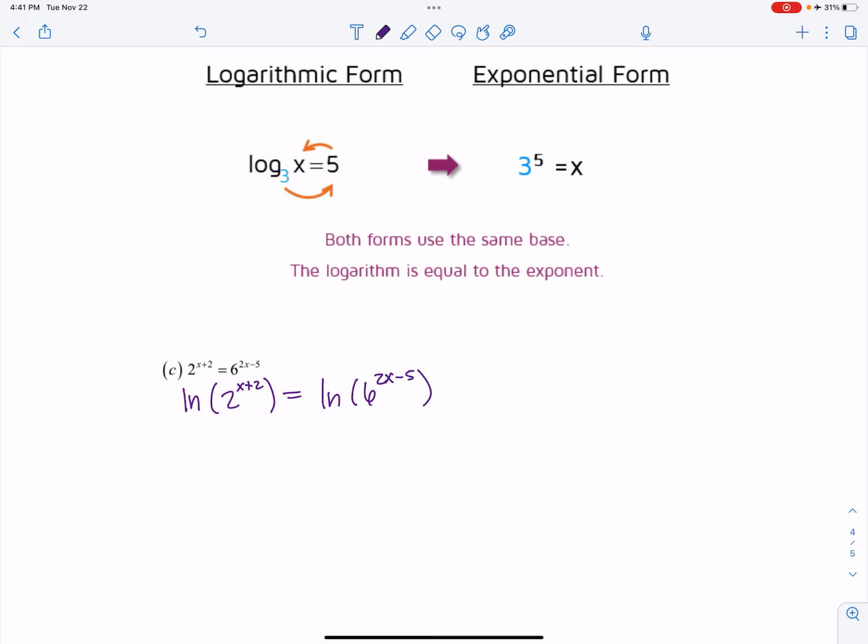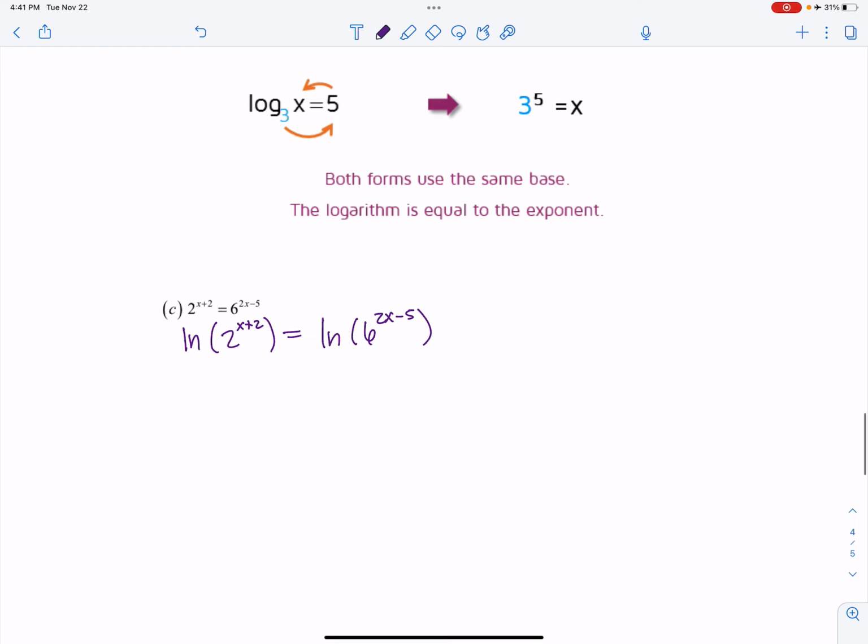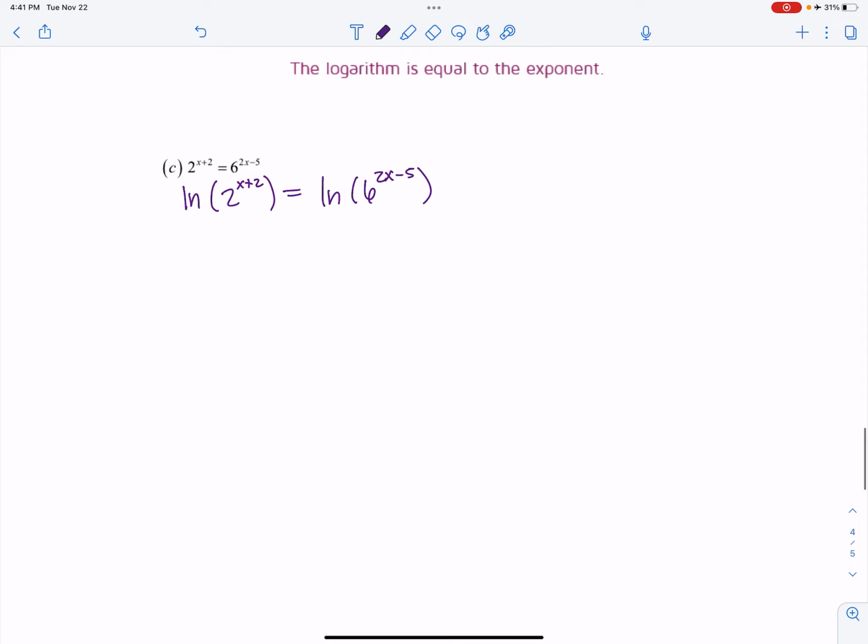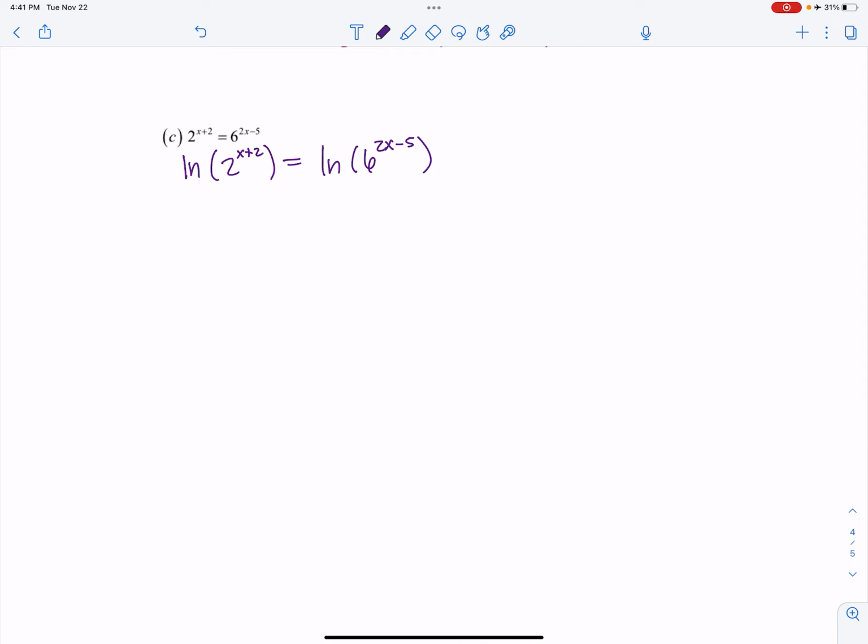Because whatever we do to one side, we have to do to the other. So we're going to take the natural log of each of these things. Now, if I use the power rule, now that it's in a logarithm, I can bring those exponents down in front. So I've got x plus 2, natural log of 2, equals 2x minus 5, natural log of 6.